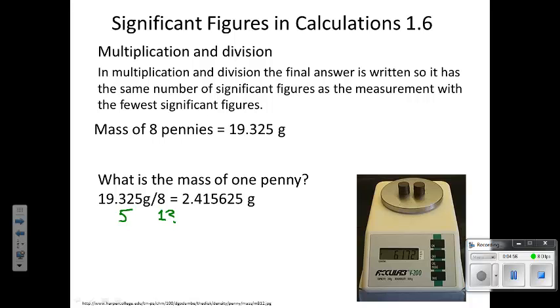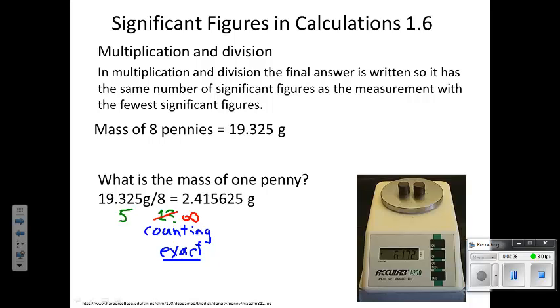So since it's a counting number, it is considered to be exact. Counting numbers are considered to be exact, which means that they have no limit to the number of significant figures that they have. You assume that it has an infinite number of significant figures in terms of calculations. So 5 and not 1, but infinite, you could say. Which is smaller?